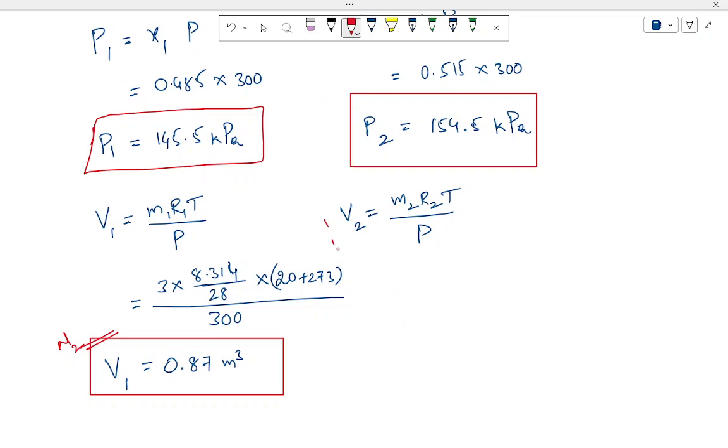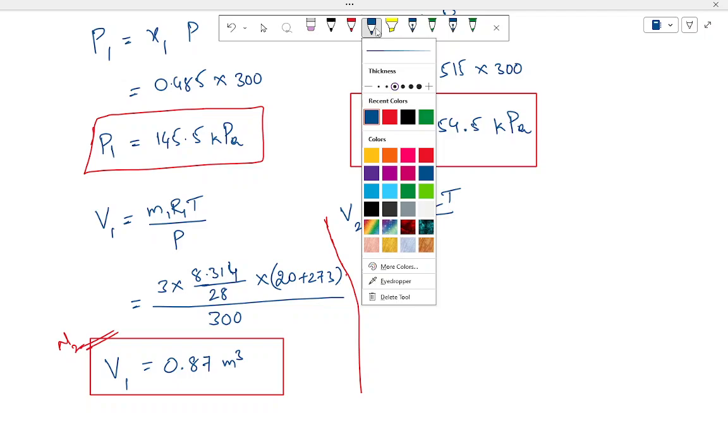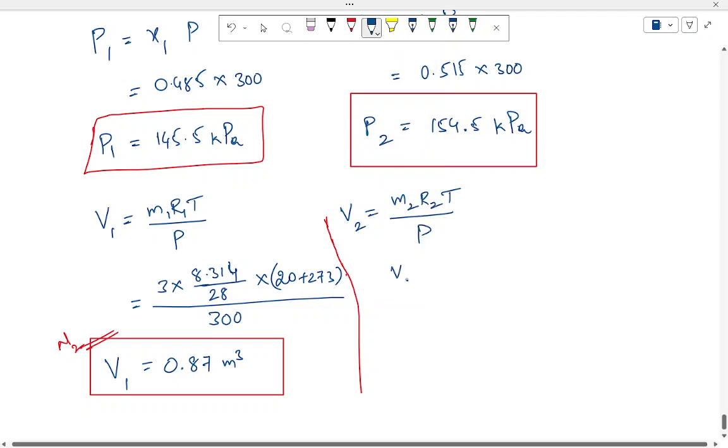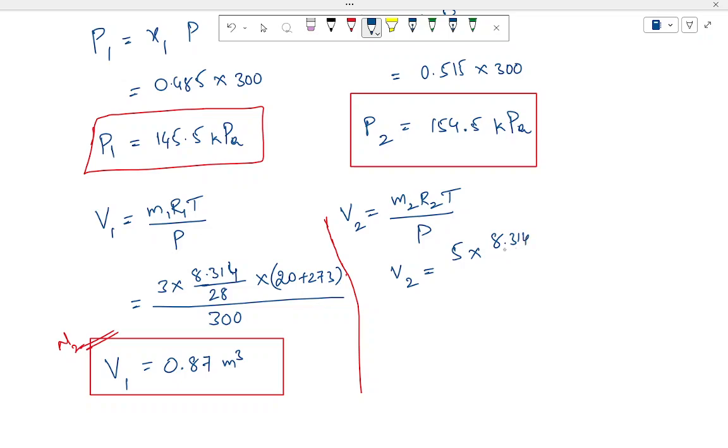Now I can also go to the calculation of V2. The M2 value is given as 5 in the question, and the R2 value is 8.314 by the molecular weight of the CO2, which is 44.